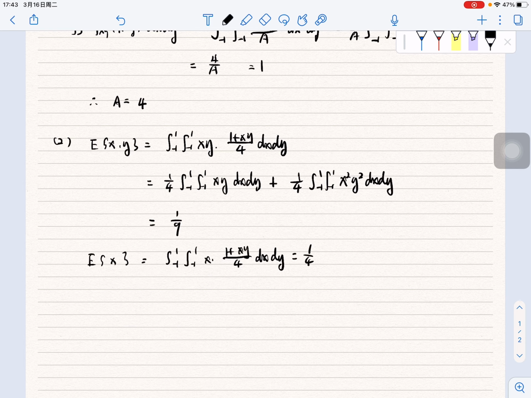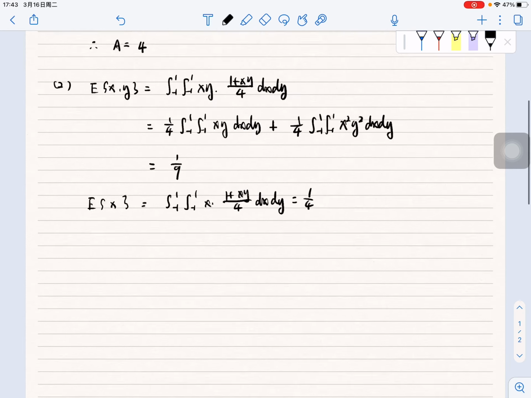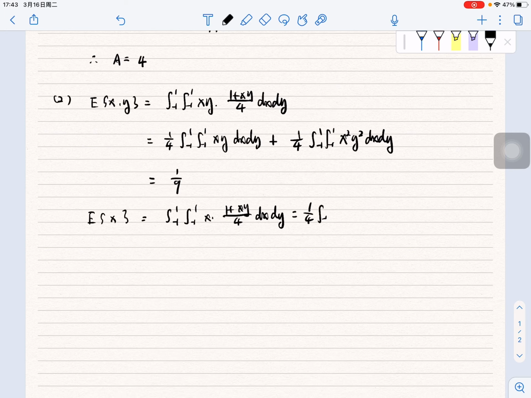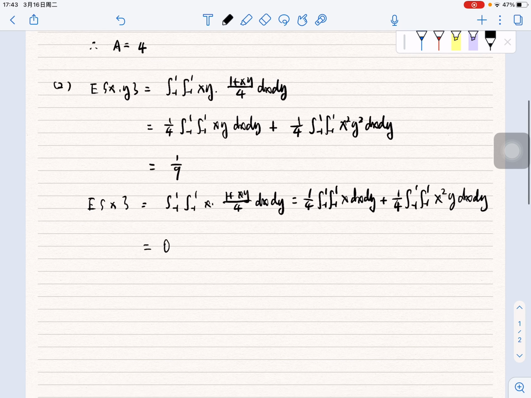And it is 1 divide 4, then integration from -1 to 1 of x dx dy, then plus this integration of x squared y dx dy. And here we can get the answer. It is 0.